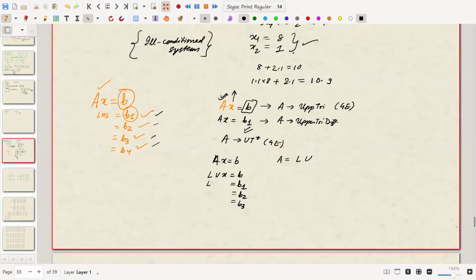No, they will stay the same, because A is not changing and you have kept A to be L into U.